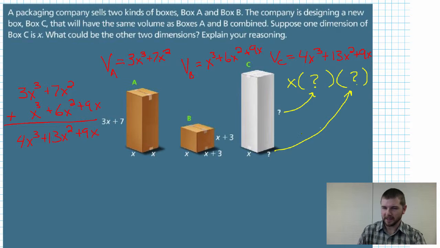Hopefully you've already realized that the fact that x can be written as one of the factors of our trinomial tells us that we can factor x out of this trinomial. That, of course, would be the first step if you were simply asked to factor the trinomial.